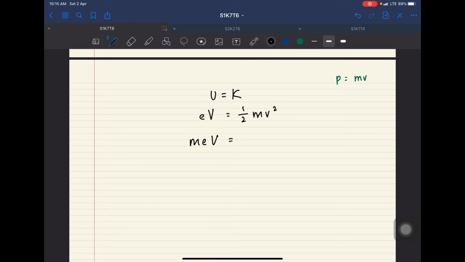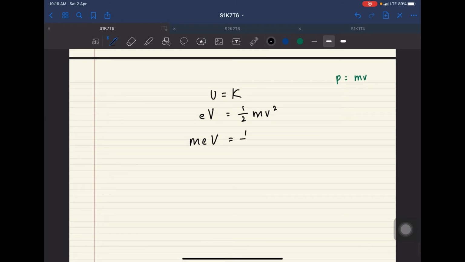Remember, e here is the elementary charge, e equals 1.6 times 10 to the minus 19. Then 1 over 2 m squared v squared, and m squared v squared means this is p squared. I can bring 2 to the other side, and p here is now equal to the square root of 2meV.